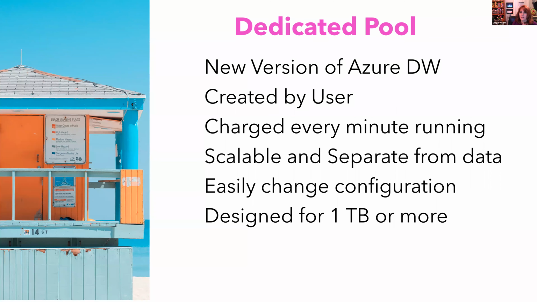It's very performant. You can connect to anything with it. It's scalable and separate from the data. So I've got a pool for data warehousing, and I turn it on and off all the time. And my data is fine because it's separate. So you don't have to worry about running up giant charges, just turn it off when you're not using it.